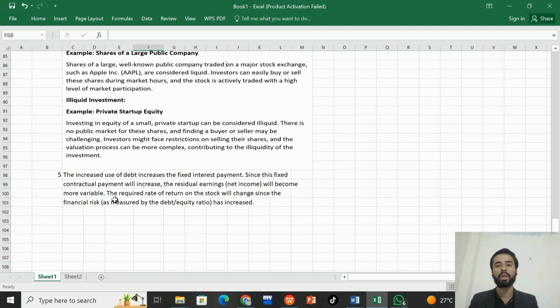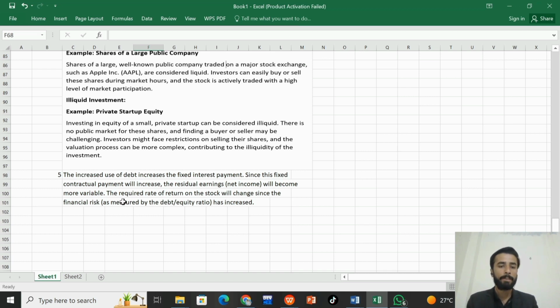It means if we give more interest to the company, then our income will vary from higher to lower or lower to higher. We are not sure about net income when our debt ratio increases.